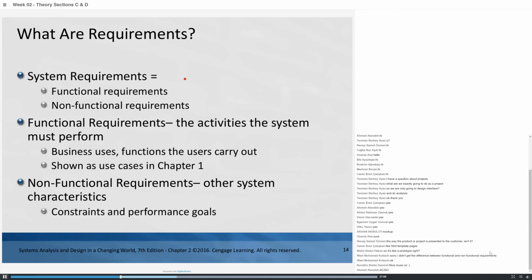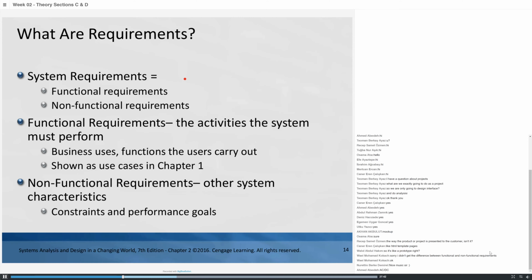On the contrary, non-functional requirements are about the characteristics of the system instead of services. Non-functional requirements can be about usability, can be about reliability. For example, you can say that all services should be conducted within half a second. Okay, this is a non-functional requirement.